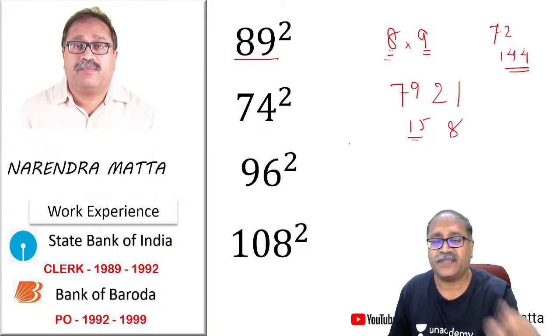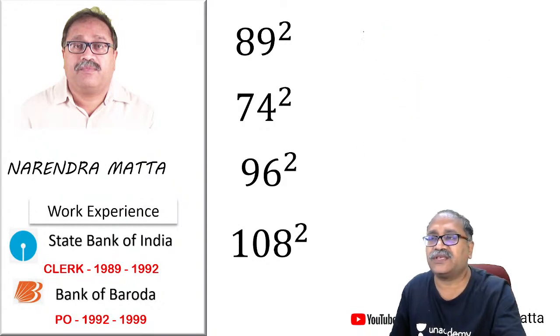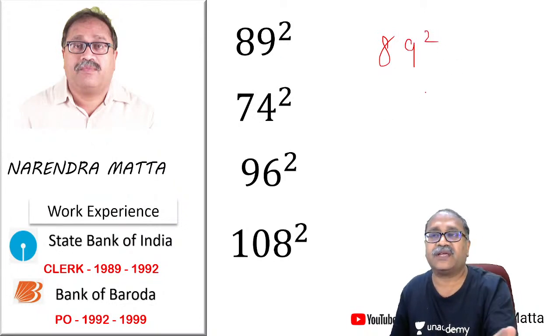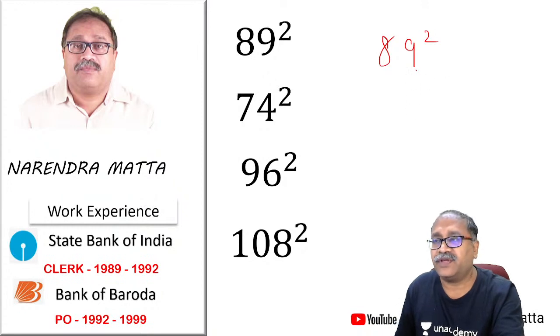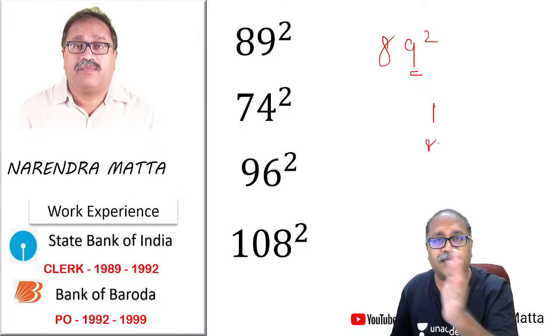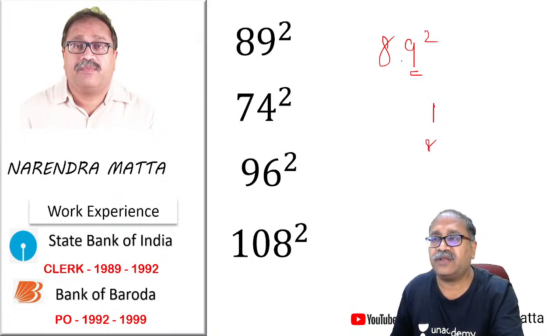That's all. I will recap this once again. So we are working out 89 square. Hope all my wonderful friends are able to listen clearly. The very first thing is I'll take the 9 square, and the 9 square is 81. The remainder is 8. Carry 8. And then we'll multiply these two. 8 into 9 is 72. We'll make the double of 72, which is 144.